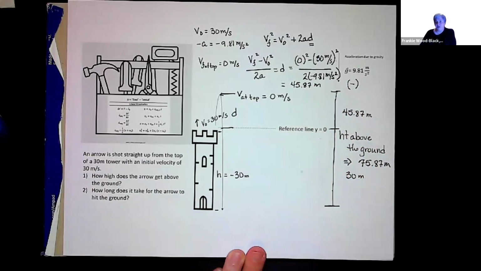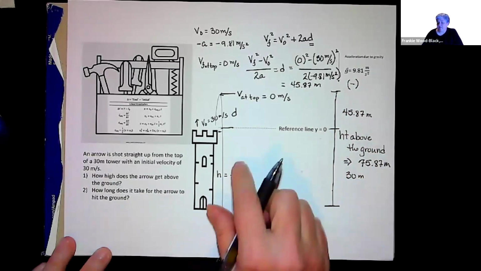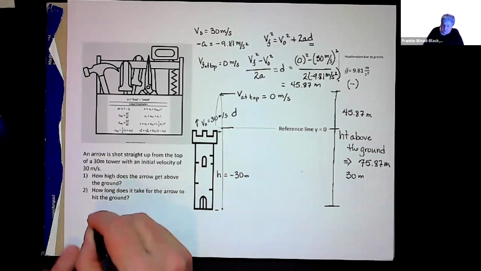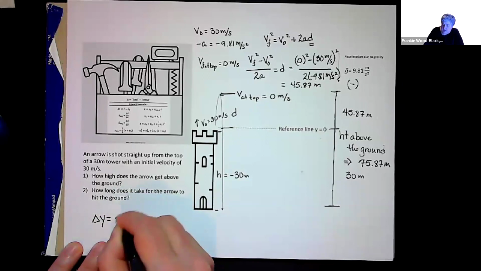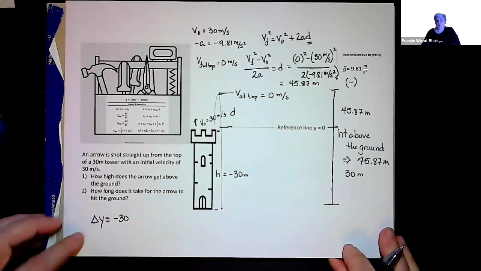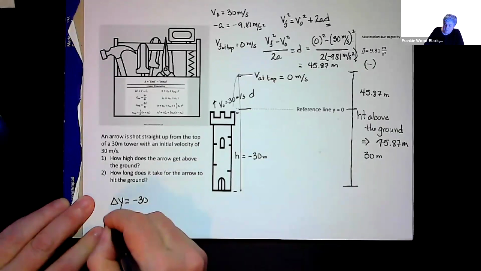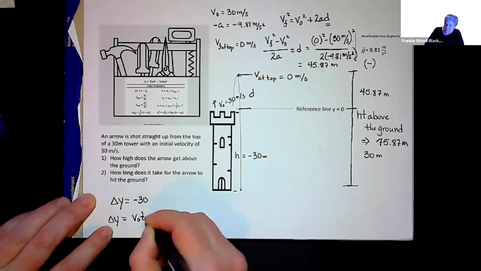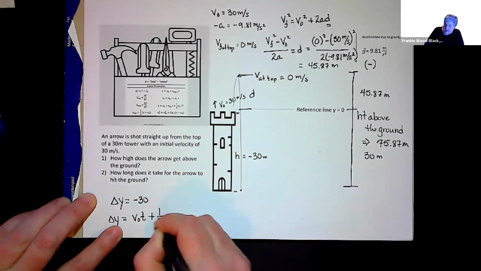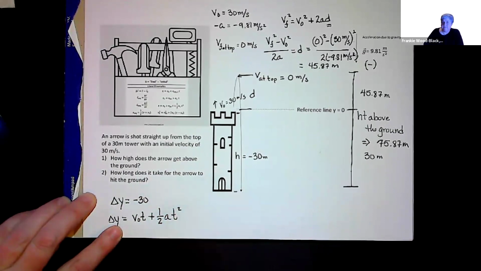But now I got to find the time. There's a couple of ways we can do it. All right. I know that my change in position is going to be negative 30 meters. So I could use my change in position is equal to my initial velocity times time plus 1/2 acceleration times time squared.